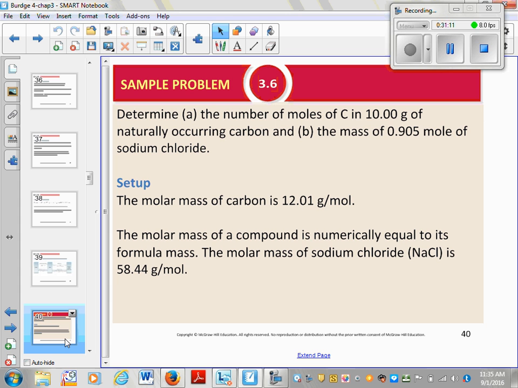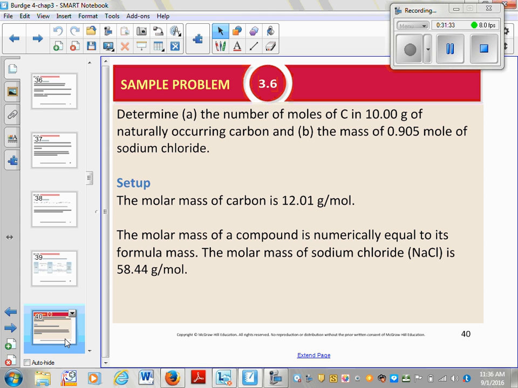How do we get 58.44? We looked at the periodic table. Sodium is 22.99. Chlorine is 35.54. You add them together, you get 58.44. Now you have your numbers. 0.905 times 58.44.